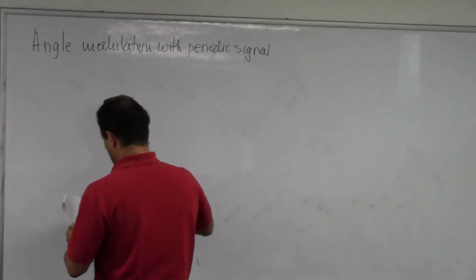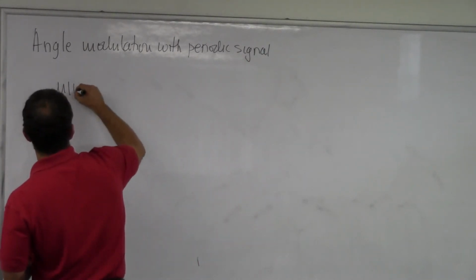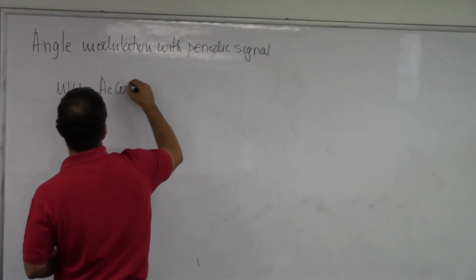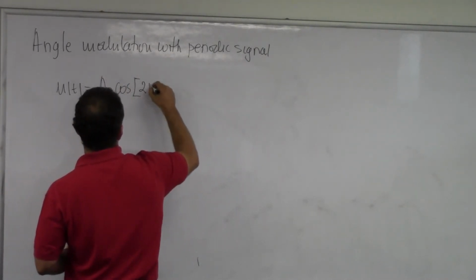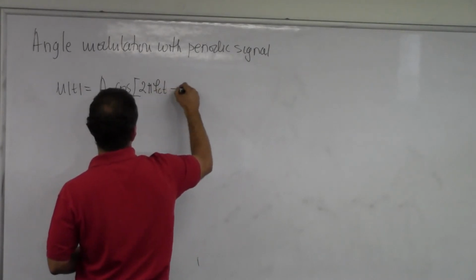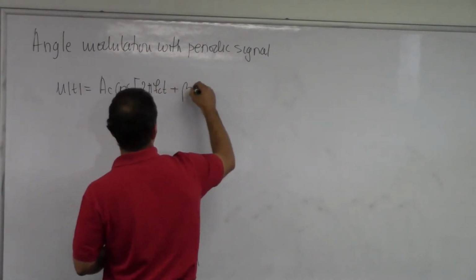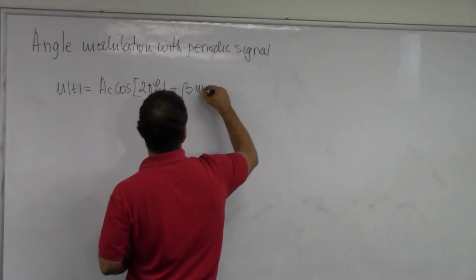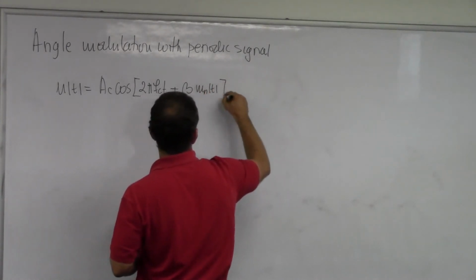Here, our u of t in this case is going to be equal to AC cosine of 2 pi fc t plus beta mn of t.